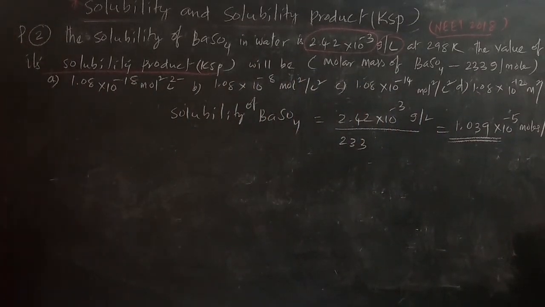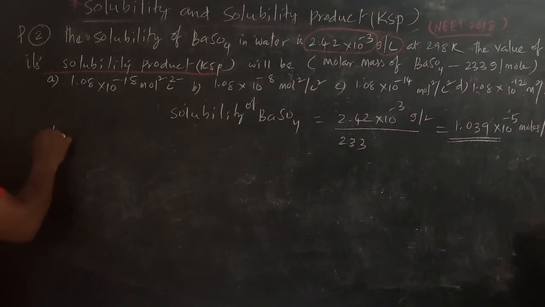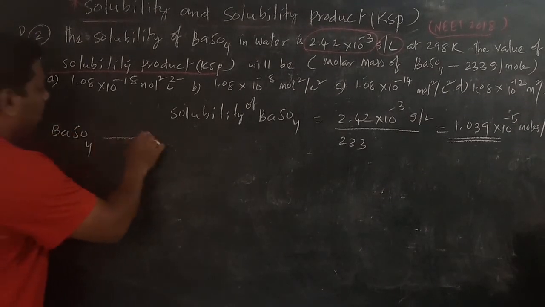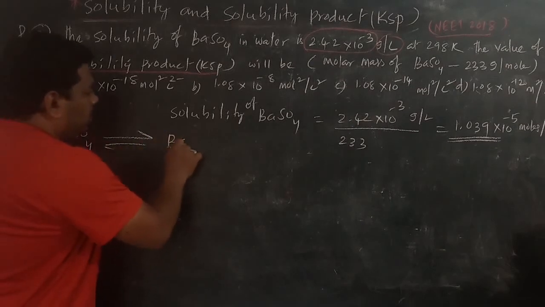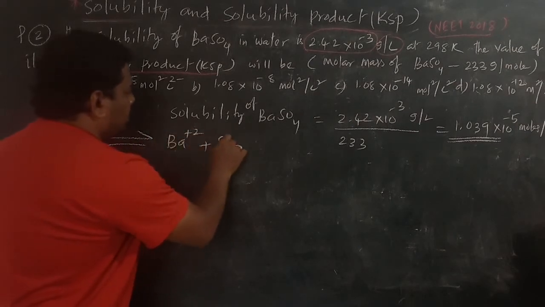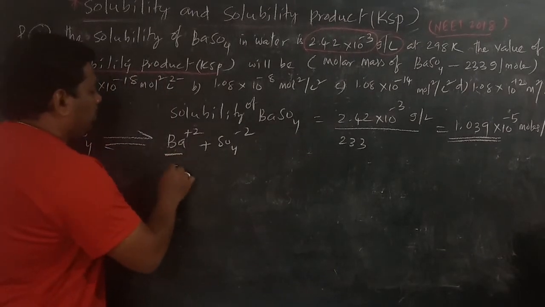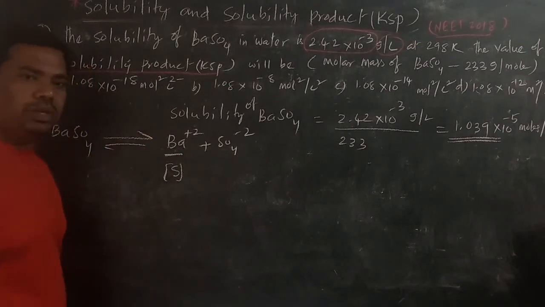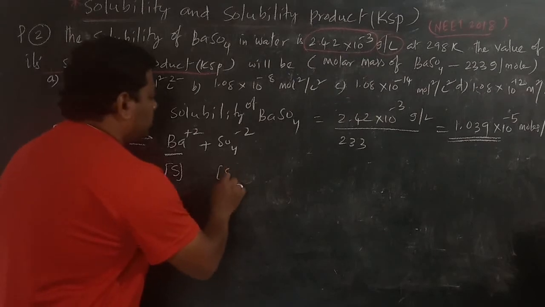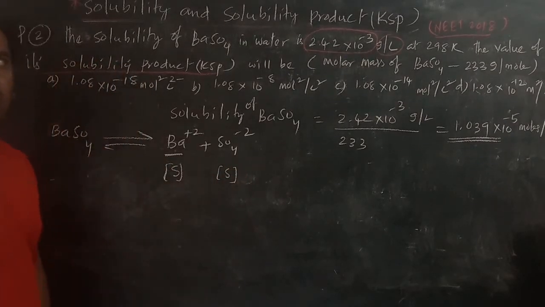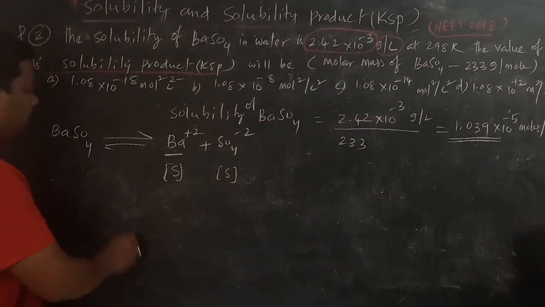Then barium sulfate is in equilibrium with Ba plus 2 plus SO4 minus 2. Here the solubility of Ba plus 2 is S and the solubility of SO4 minus 2 is S moles per liter.